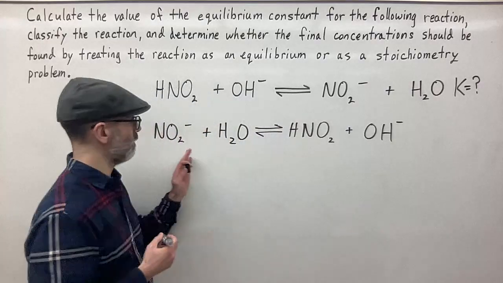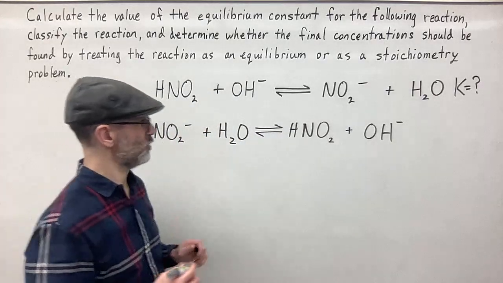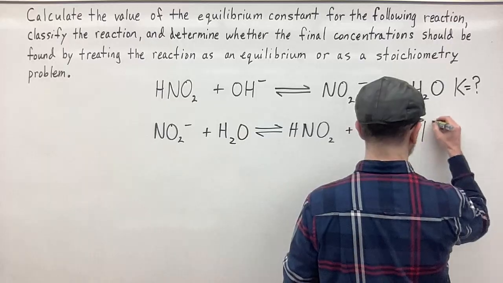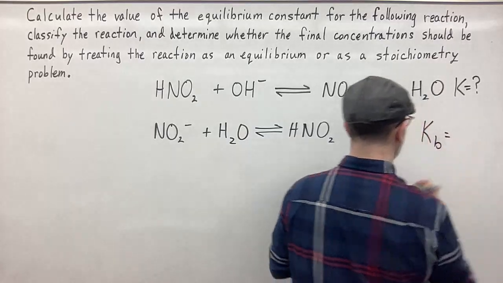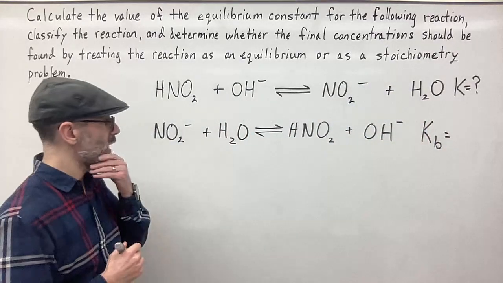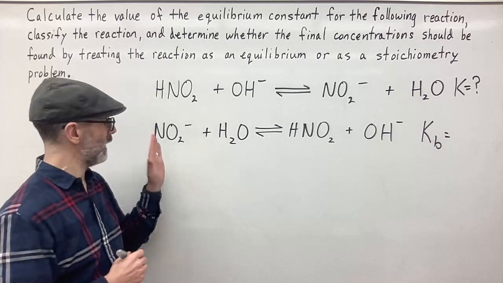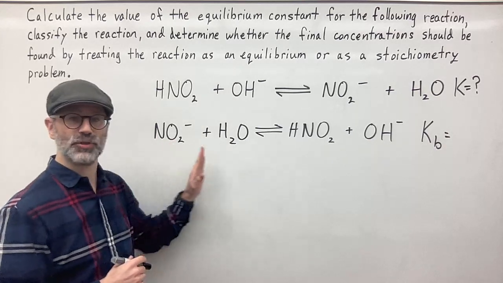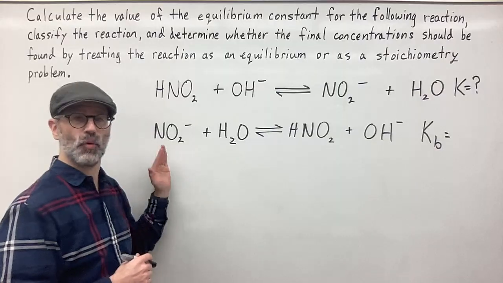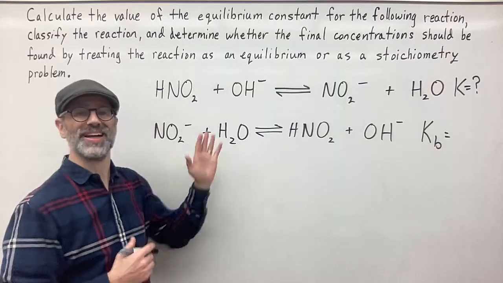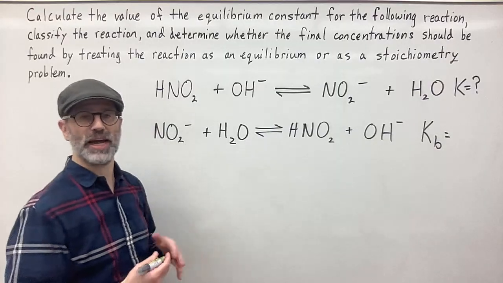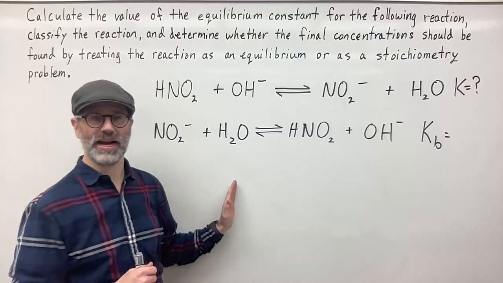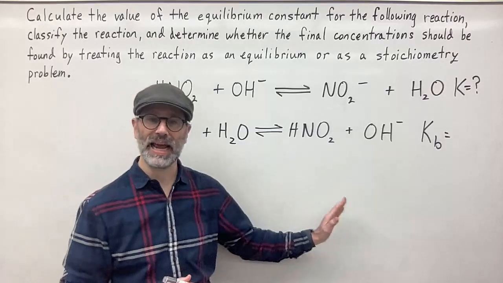And so here we have our reaction. This has a Kb value because the Kb value is associated with anything that is a weak base reacting with water. So anytime you have a weak base reacting with water, that's going to have a Kb value, just like anytime you have a weak acid reacting with water, that's going to have a Ka value.